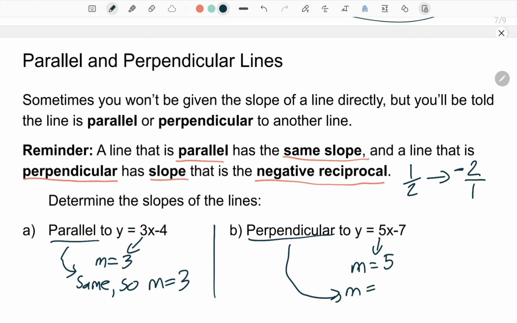So take that slope, flip it, so we can do 1 over 5 in this case, and turn it into negative. So negative 1 over 5. I'll just add that as a note: negative reciprocal. And there we have it.